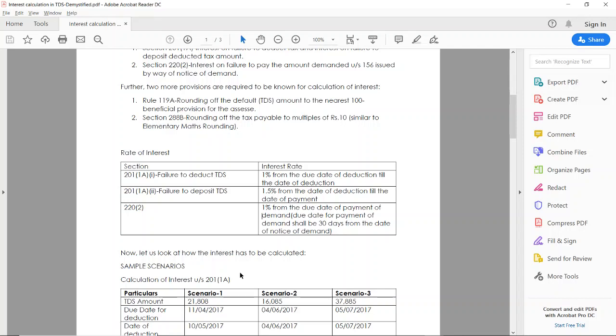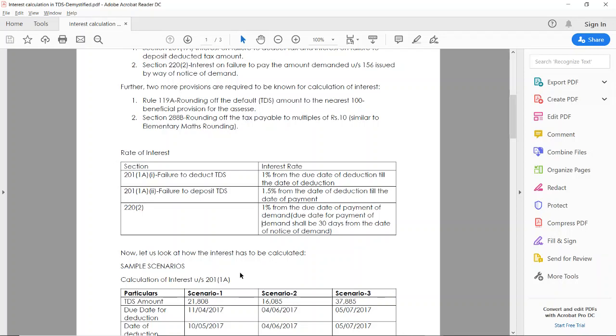Even if the default amount is, say, 780 rupees, it will have to be rounded off to 700 rupees. The next is Section 288B, which is rounding off the tax payable to multiples of 10 rupees, applicable even for normal income tax as well as for TDS. Therefore, the amount to be paid would have to be in multiples of 10, similar to normal math rounding.